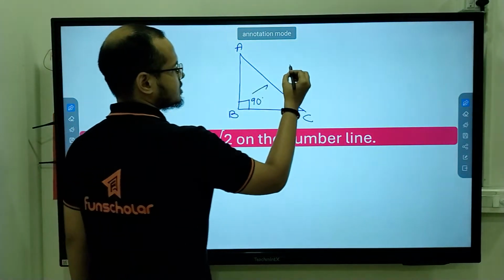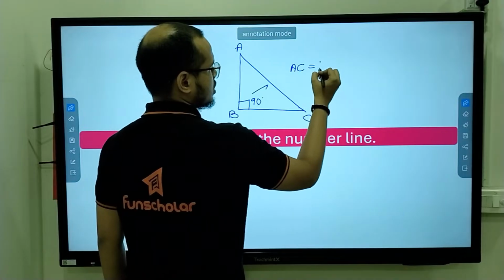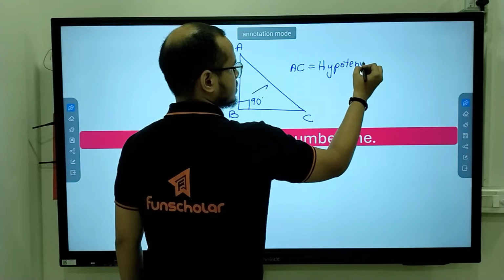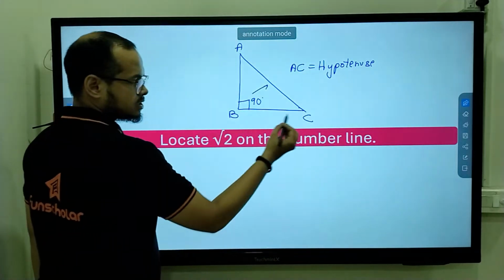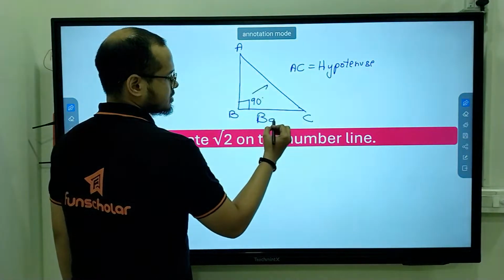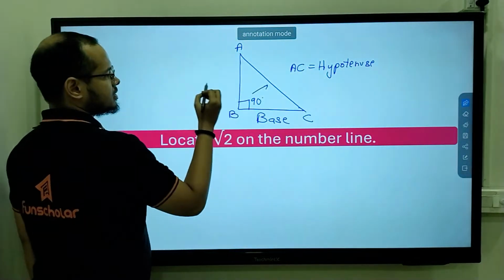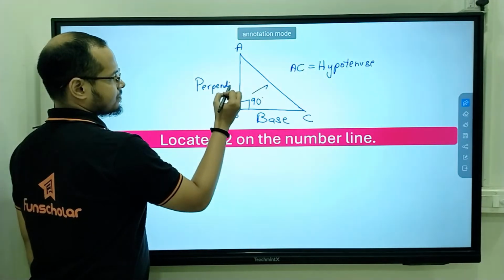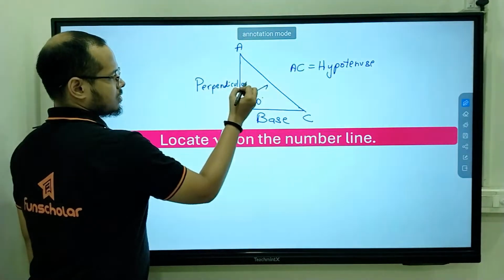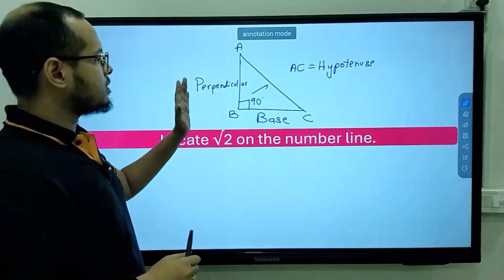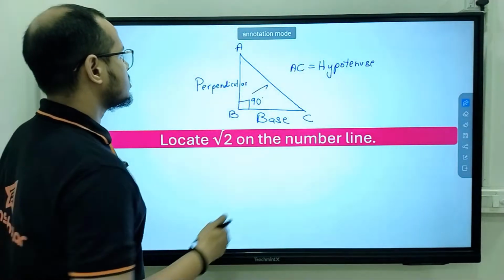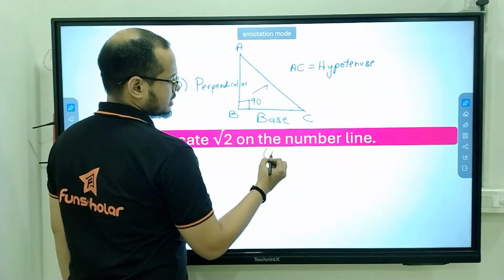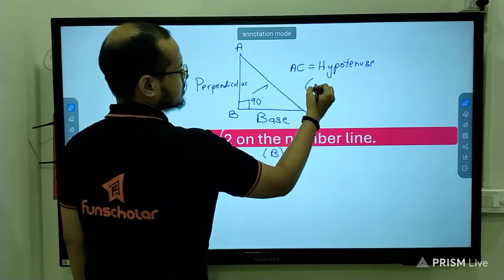So this side AC is the hypotenuse. This side BC is considered the base and this side AB is considered the perpendicular. We will not write these long terms. We will write the first letter: for perpendicular we will write P, for base we will write B, and for hypotenuse we will write H.